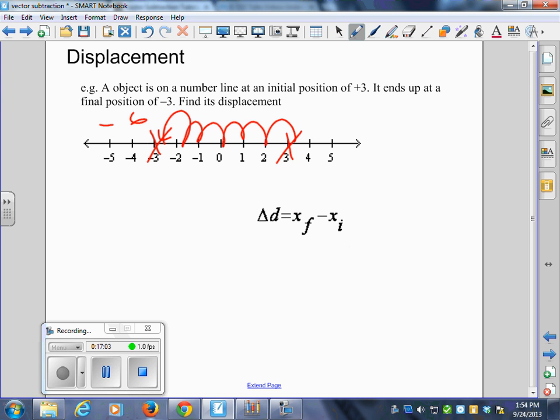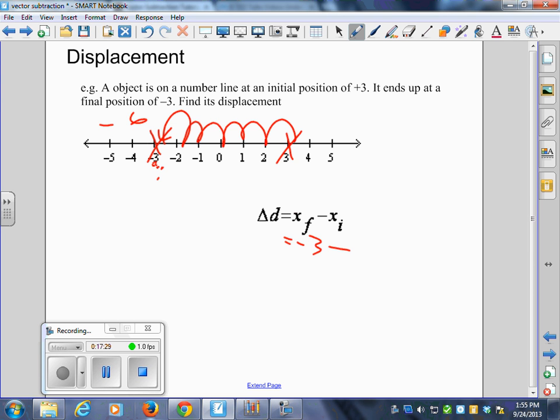Okay, so if I write underneath here, xf minus xi, what's my final position? Minus 3. My final position is minus 3. And then I subtract where did I start?